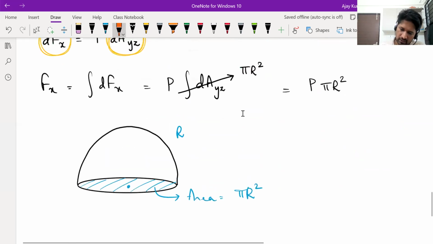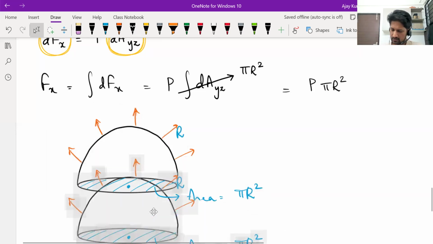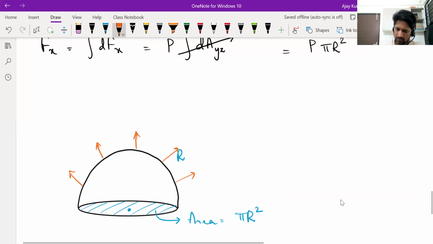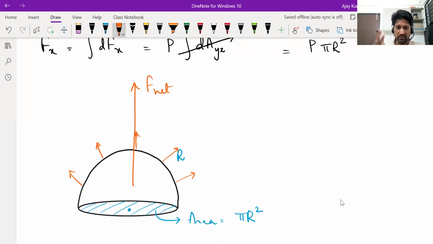So actually forces are acting along different directions like this. But you know that the resultant of these forces will be in this direction. If you know that the resultant of the forces is in a particular direction, you need to take area perpendicular to that force.